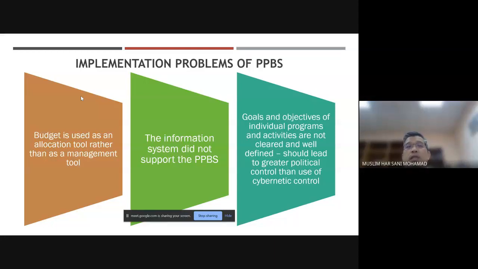Sometimes, to a certain extent, political control is very good when the members of parliament or the local elected officials can really bring the agenda of the people to the attention of the government. Then definitely that is a good move. If the system did not work, cybernetic control means control based on the organization's system itself.